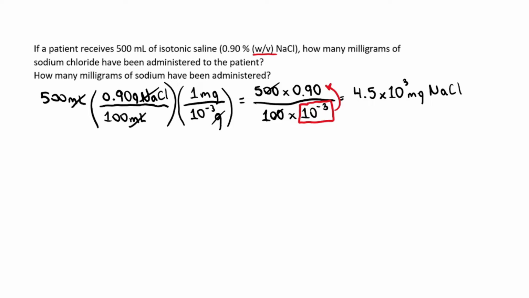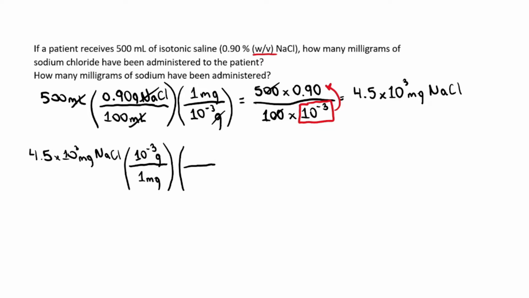To do that, it's another dimensional analysis conversion. So you're going to take 4.5 times 10 to the 3 milligrams of sodium chloride. Now we need to convert it back to grams. So for every 1 milligram, we get 10 to the negative 3 grams.